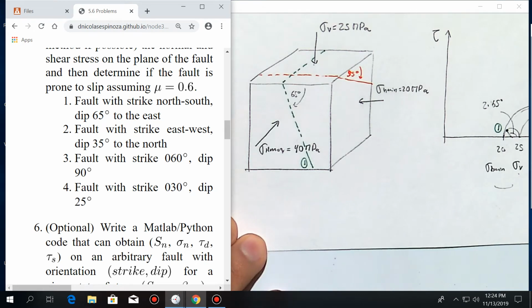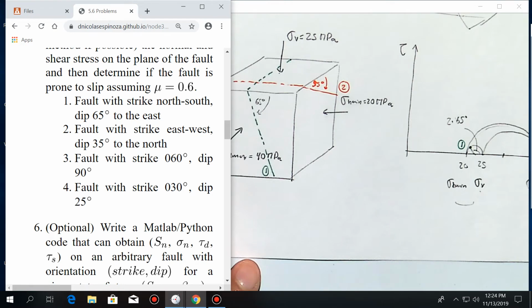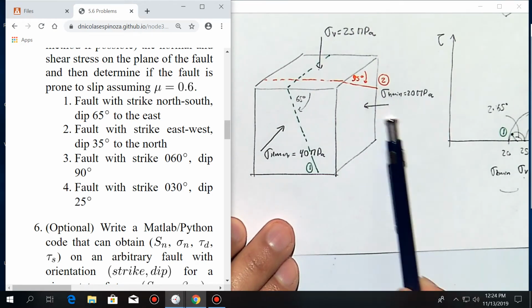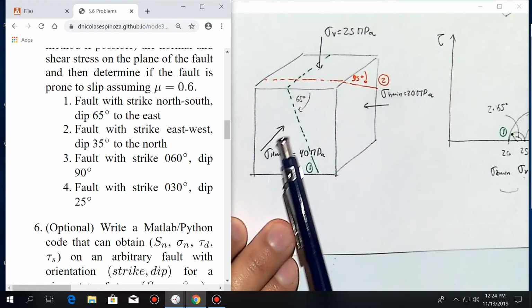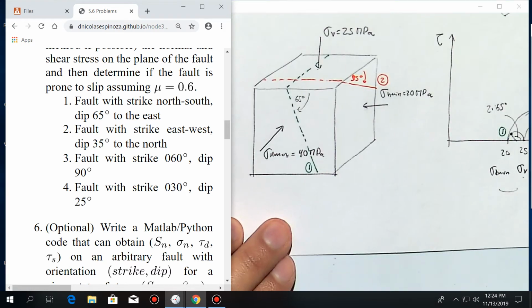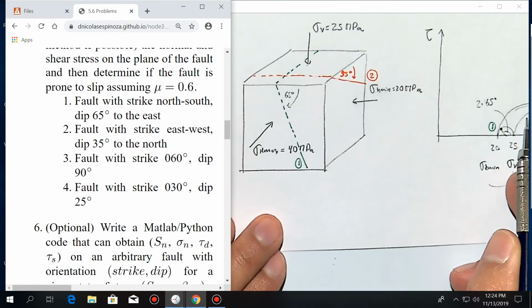And this one is number 2. If you want to locate that one in the Moore circle, I hope that you see that this one doesn't play any role at all. It's just a combination of these two, 25 and 40. So 25 and 40, then, is going to be this Moore circle over here.